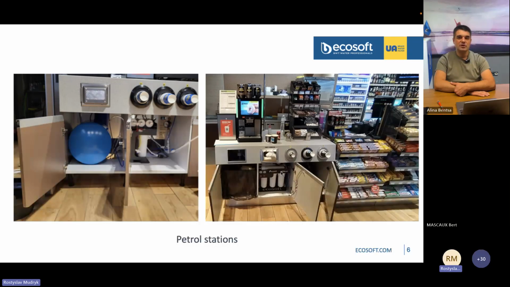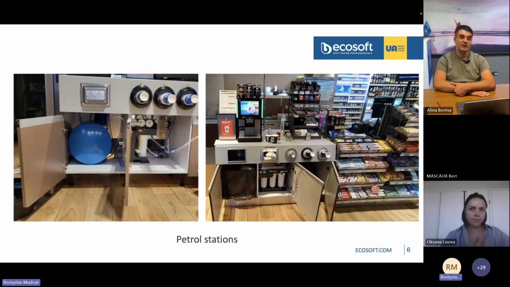This is a good project where we are not selling the water filtration, but we sell the water to the petrol station. And they use this water, of course, for tea, for coffee, for cooking. Also, many petrol stations have restaurants, and in those we use the Robust 3000 units. Basically, we cover all the needs of the petrol station for drinking water and water for cooking.